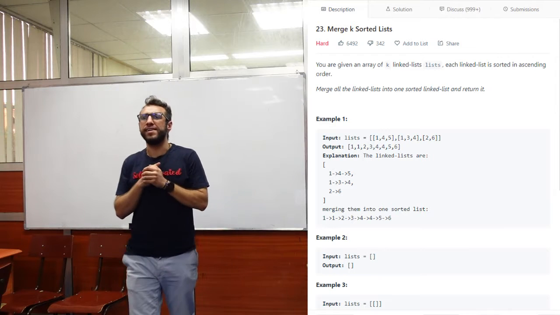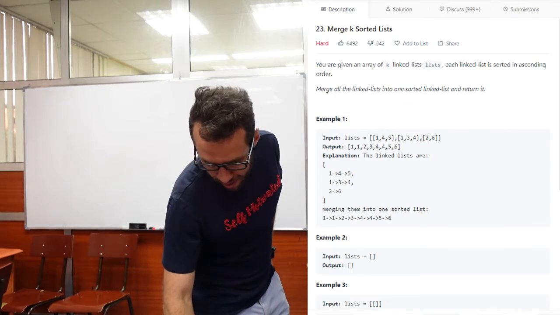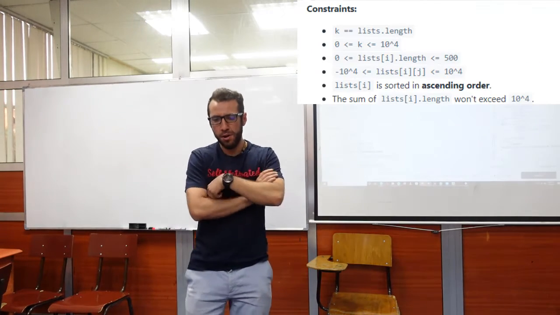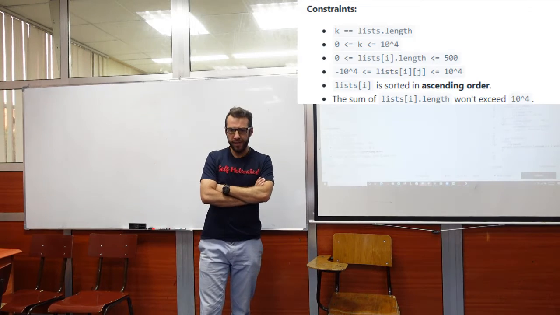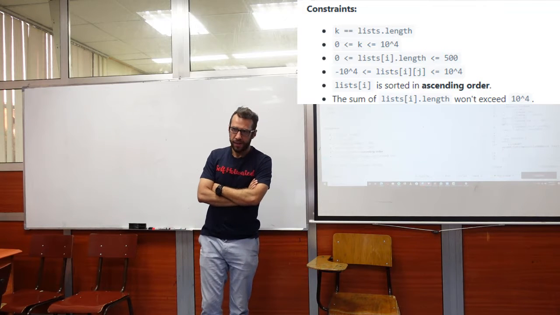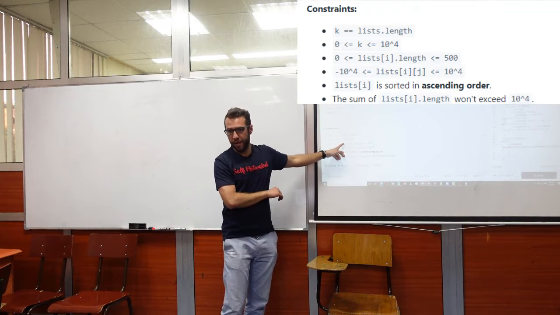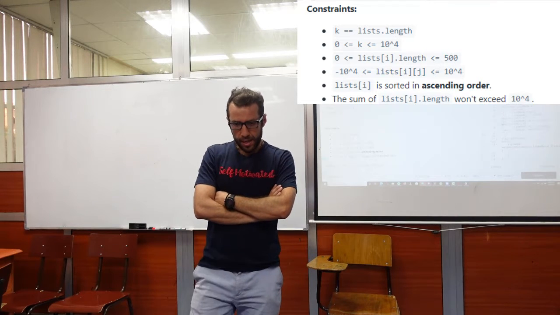Now that we get the idea, the next thing we should check is the constraint. So K is the length of the list, and it is going to be less than 10,000. But it is also possible to get an empty list. Let's be careful about that, because on this end it says 0 is less than or equal to K. What else?